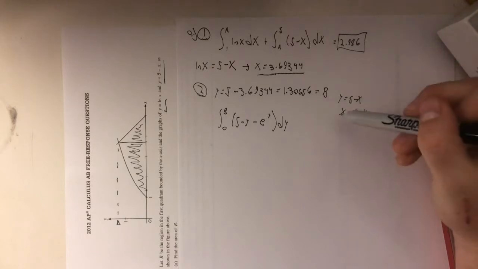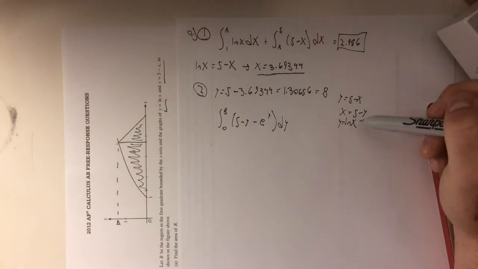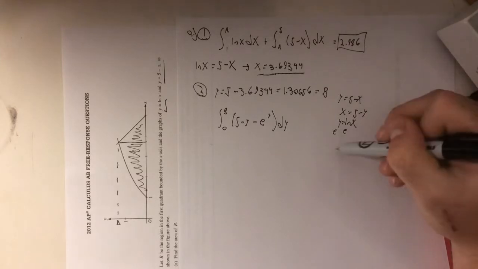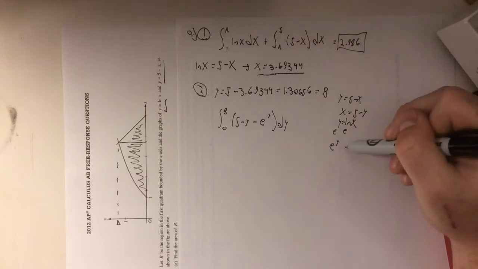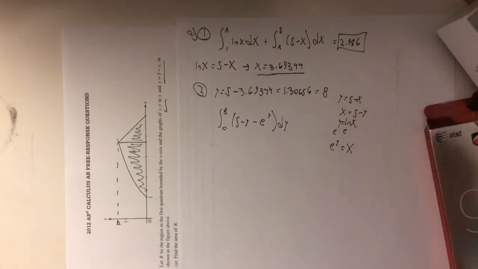And then our natural log of x equation, y equals natural log of x. We're just applying e to both sides, so e to the y is equal to x.